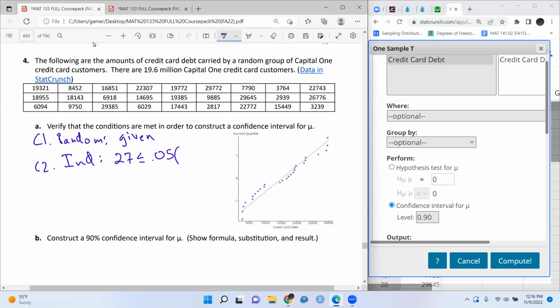I know Cindy and I have been telling you that we rarely give you the number for the population, but it feels like every single problem now has the number in it. So maybe Alana changed that.